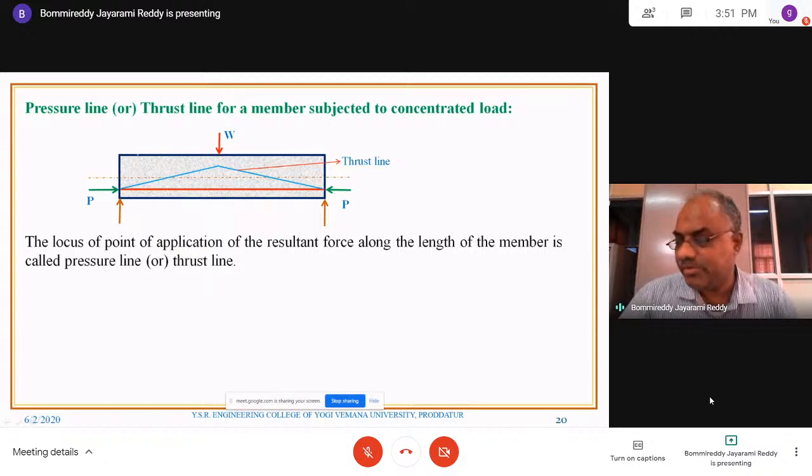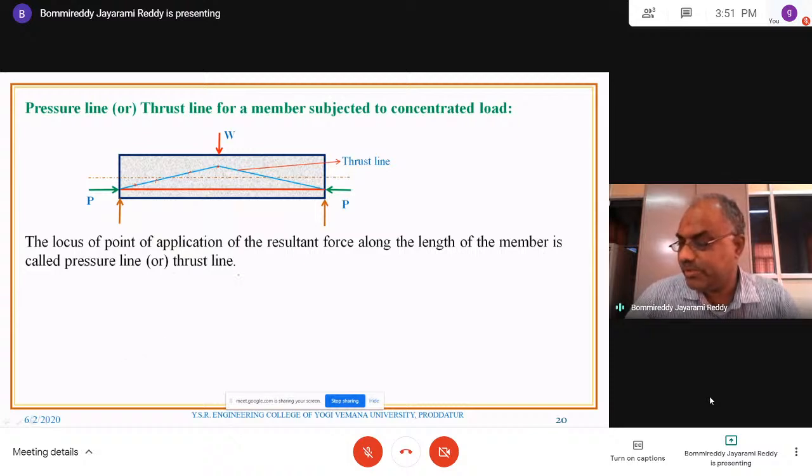So in a similar way, if you find the resultant of the stresses at any point, this is called the locus of the resultant of all the points along the length of the member. So the shape of the thrust diagram is the same as the shape of the bending moment diagram due to externally applied load.